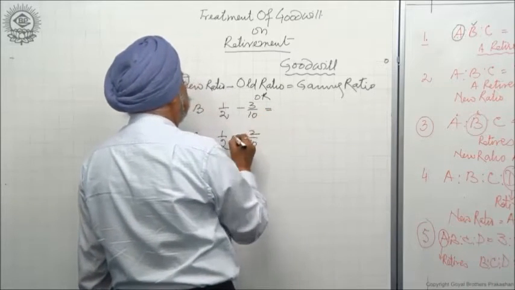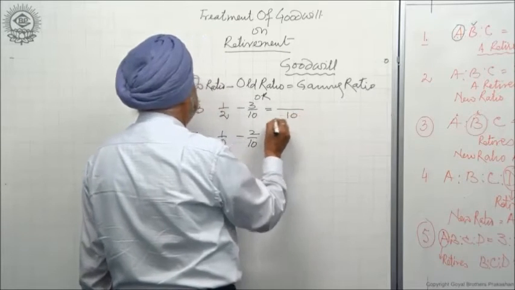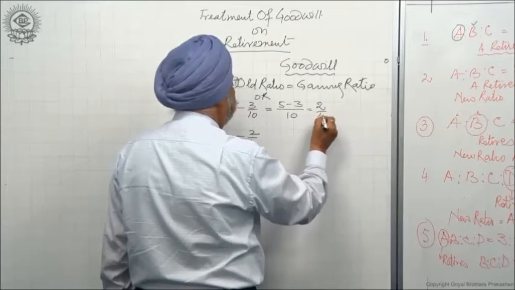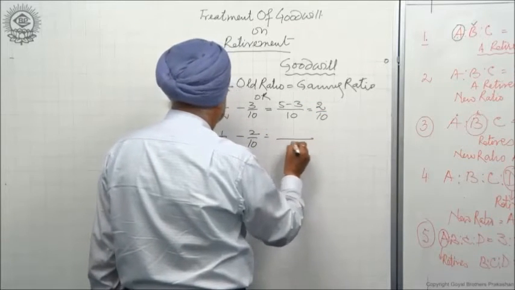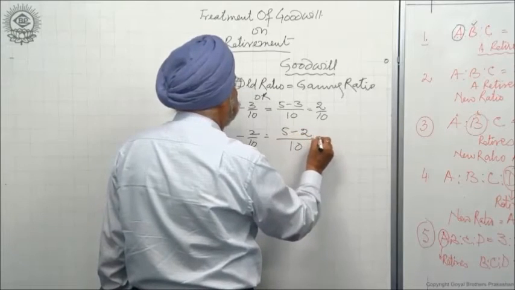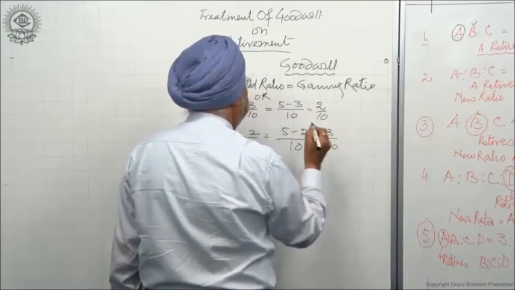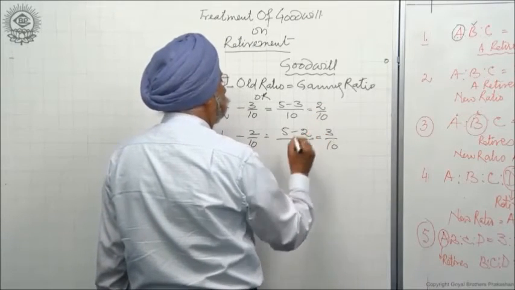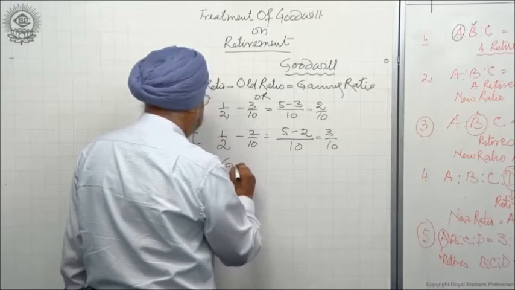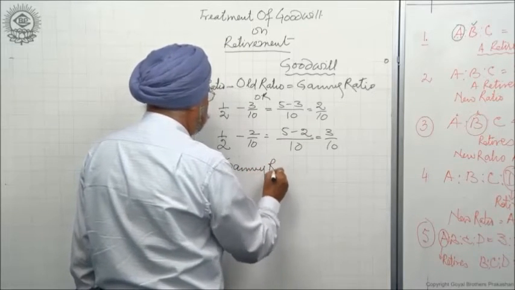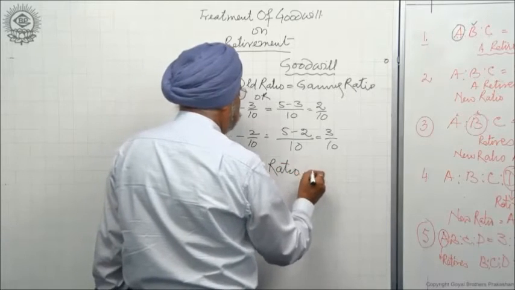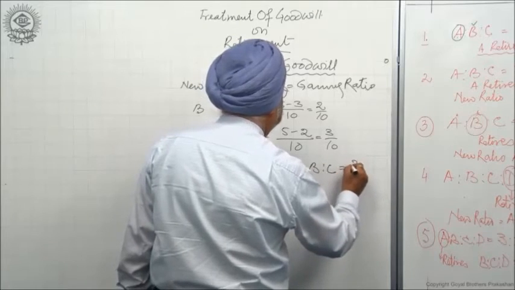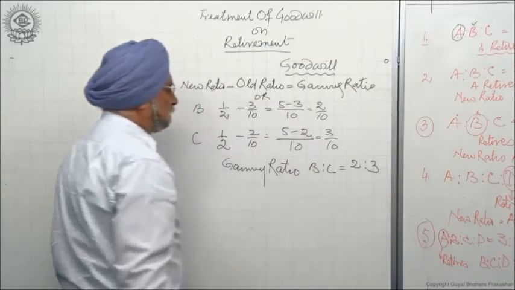So therefore, the gaining ratio will be 5/10 minus 3/10, which is 2/10, and 5/10 minus 2/10, which is 3/10. So the gaining ratio of B to C is 2:3. This is the gaining ratio.